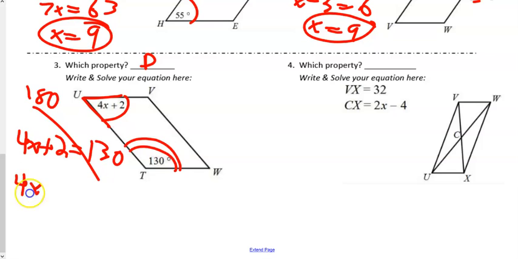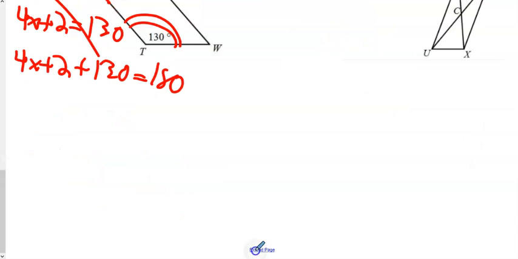We are saying this piece, this part, plus this part equals 180. That's what supplementary means. So our first step is to get rid of the 130. Well, or 132, doesn't matter. We can combine numbers. 4x plus 132 equals 180.